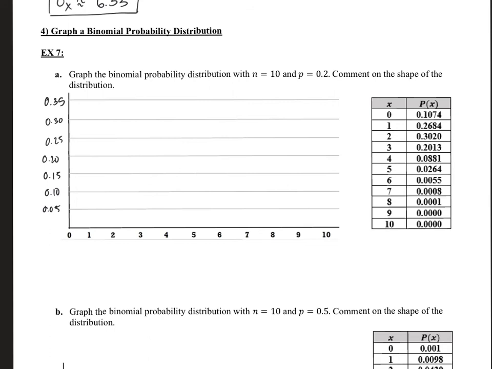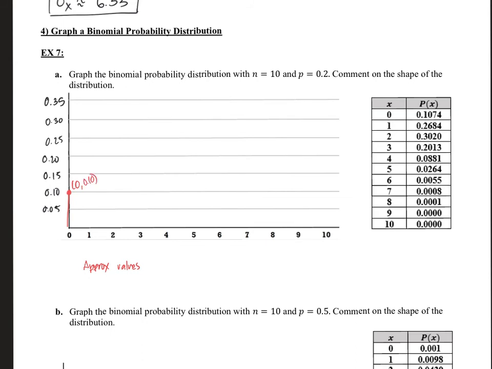Now, for graphing these, what do we have? 0.10 for 0, so that's about here. I'll use the red pen. I'll write approximate values as I go. So it's 0, 0.10.